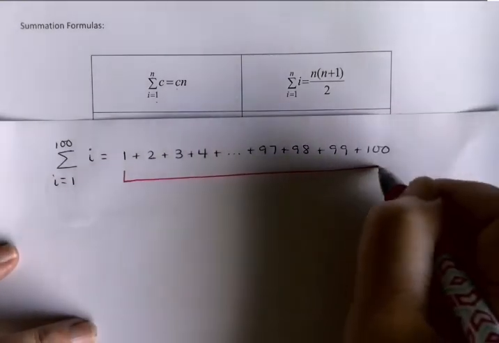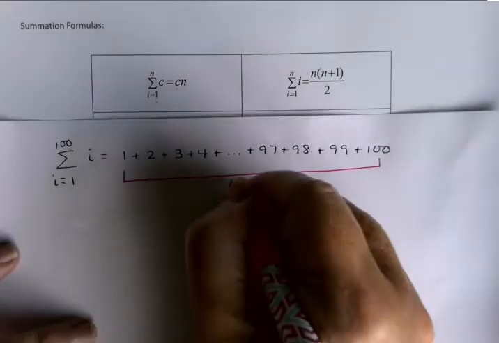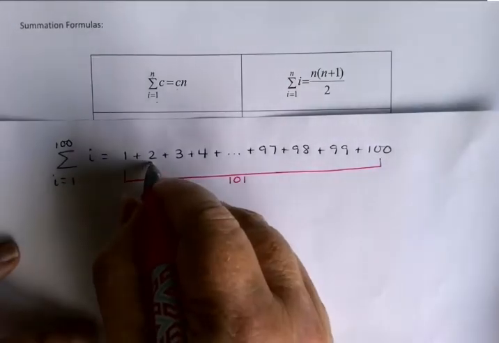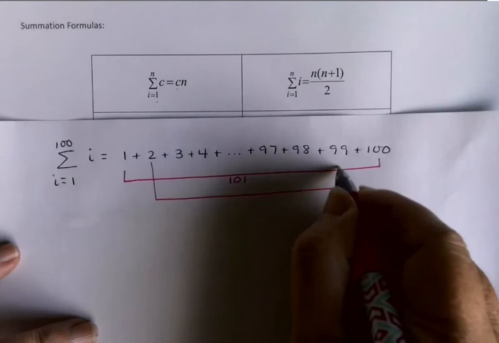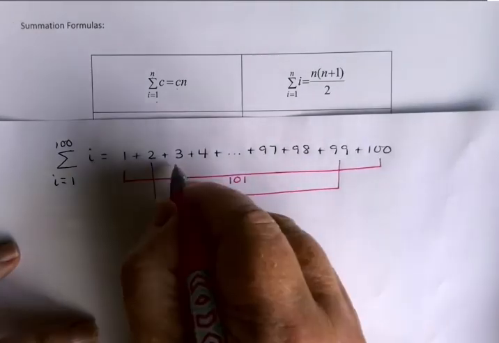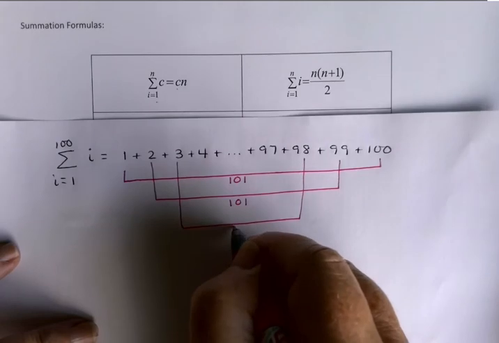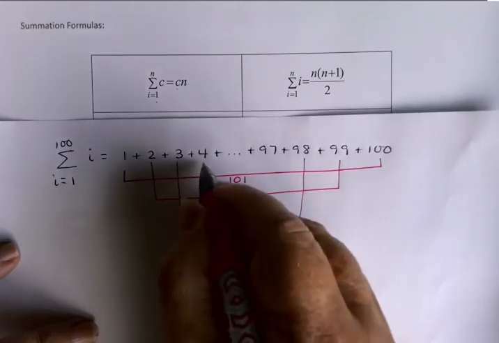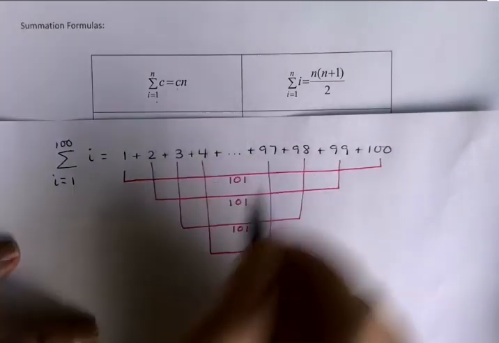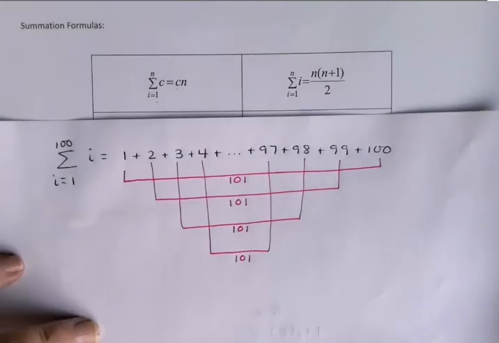If I add 1 plus 100, I get 101. And if I add 2 plus 99, I get 101. 3 plus 98 is 101. 4 plus 97 is 101, etc.